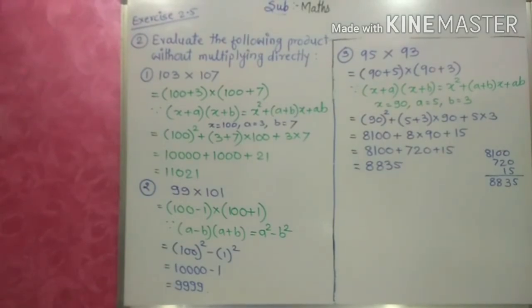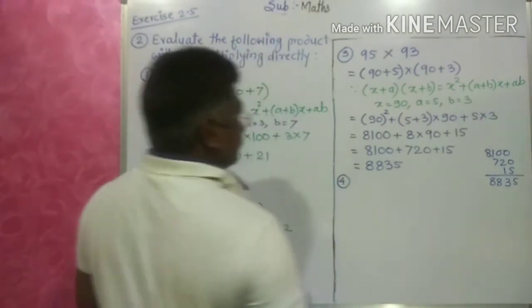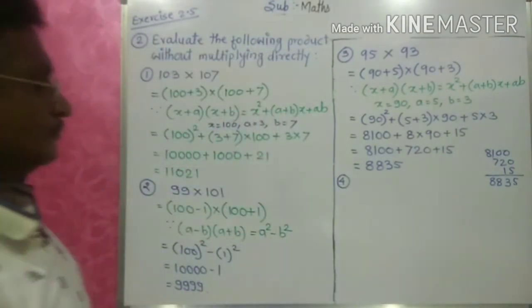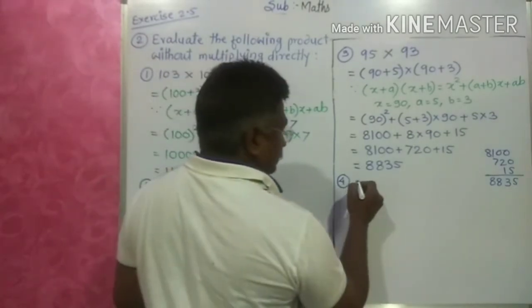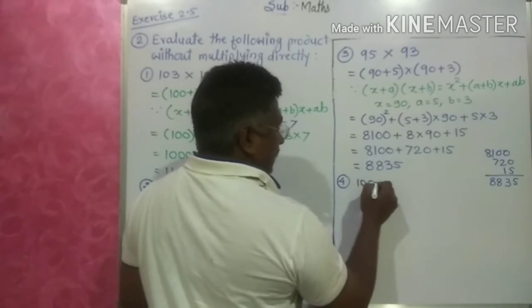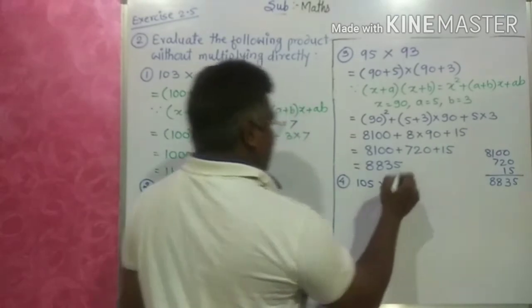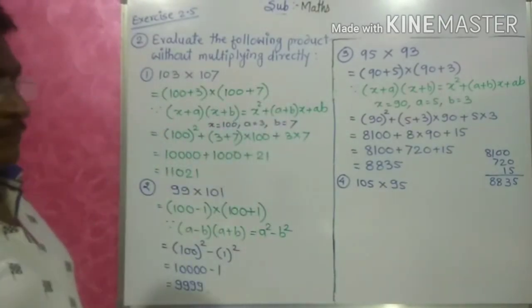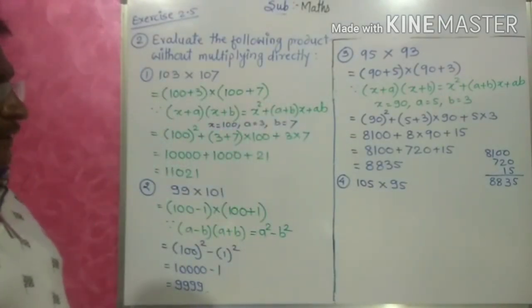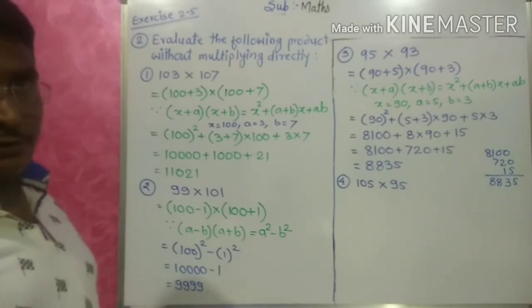Okay, student, how to understand? Fourth example: 105 into 95 without actual multiplication.